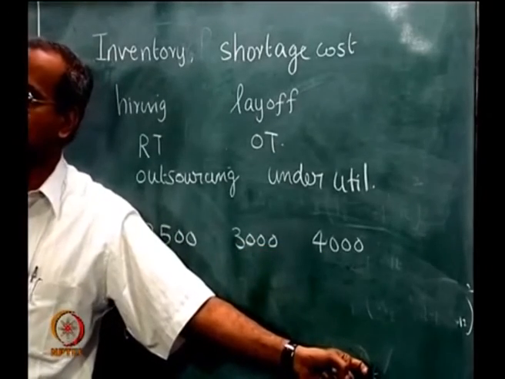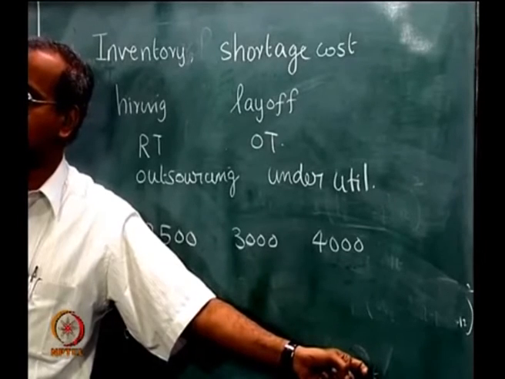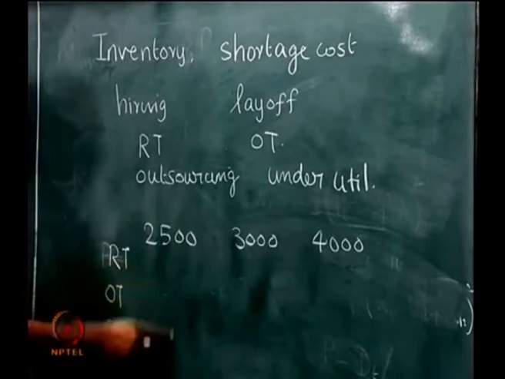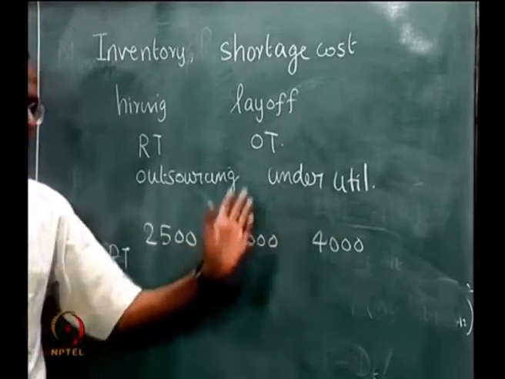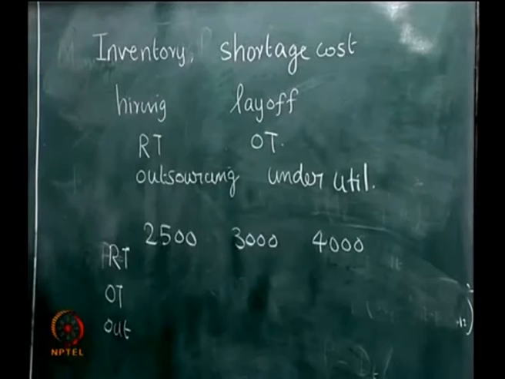So, we cannot follow the pure strategy. It also means that somewhere here we have to produce, store the inventory and then use it for subsequent periods, so that we can meet the demand of the subsequent periods.